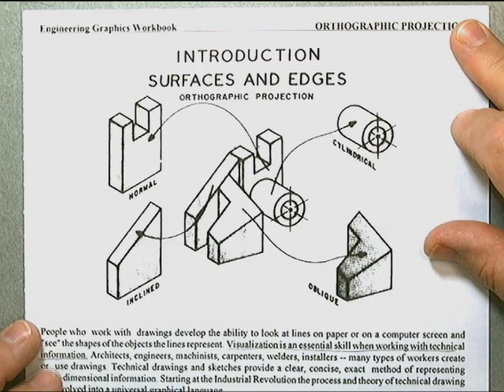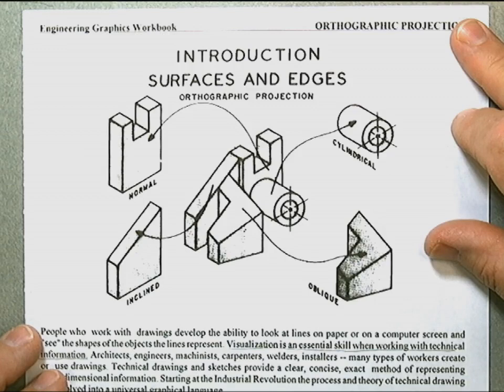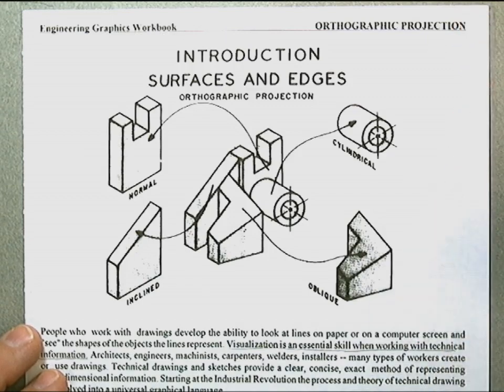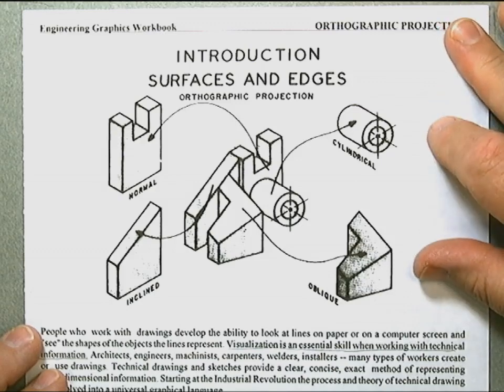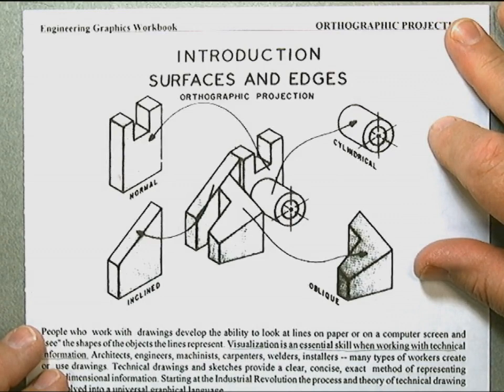So you have to be able to see the shapes of the objects. It's a very personal internal skill, and the only way that we can verify that you know this skill is to have you go through multiple types of visualization and then drawing those shapes as they're supposed to look in a two-dimensional fashion.